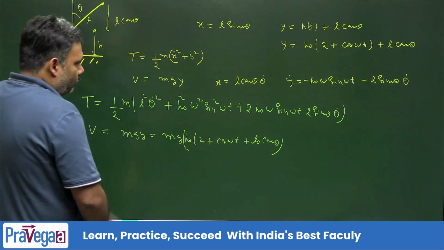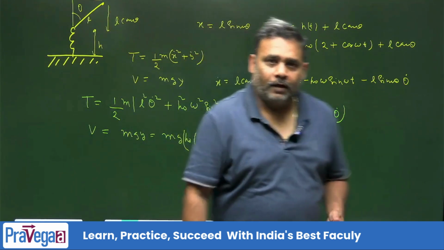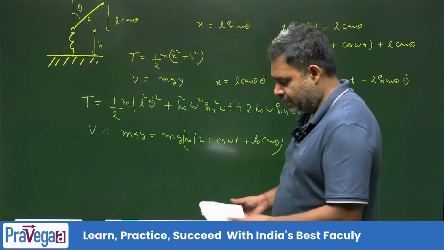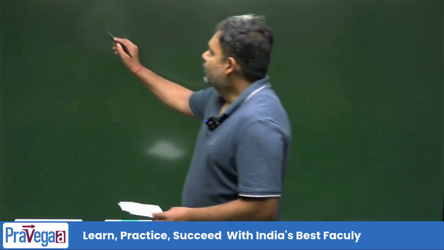So this is my kinetic energy and this is my potential energy, and then we go for the Lagrangian of the system.